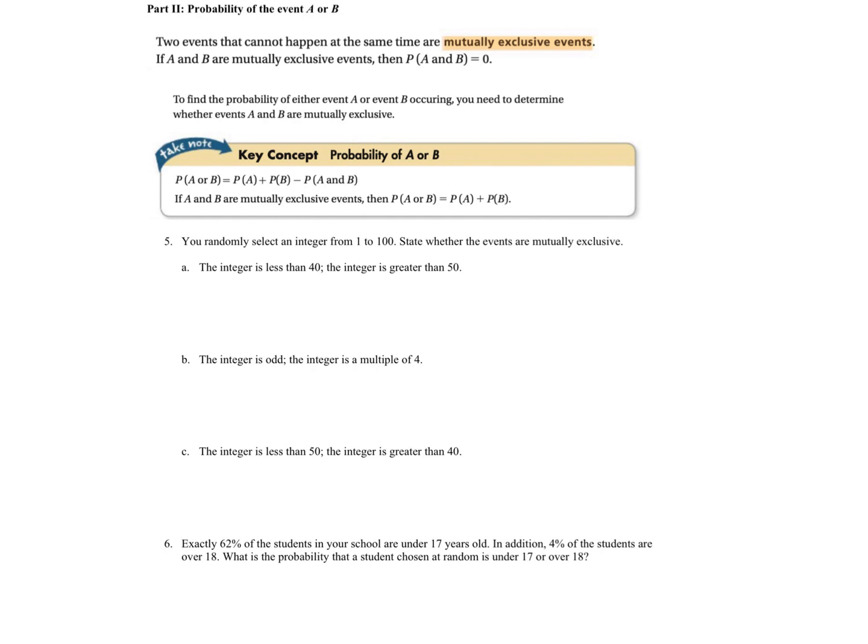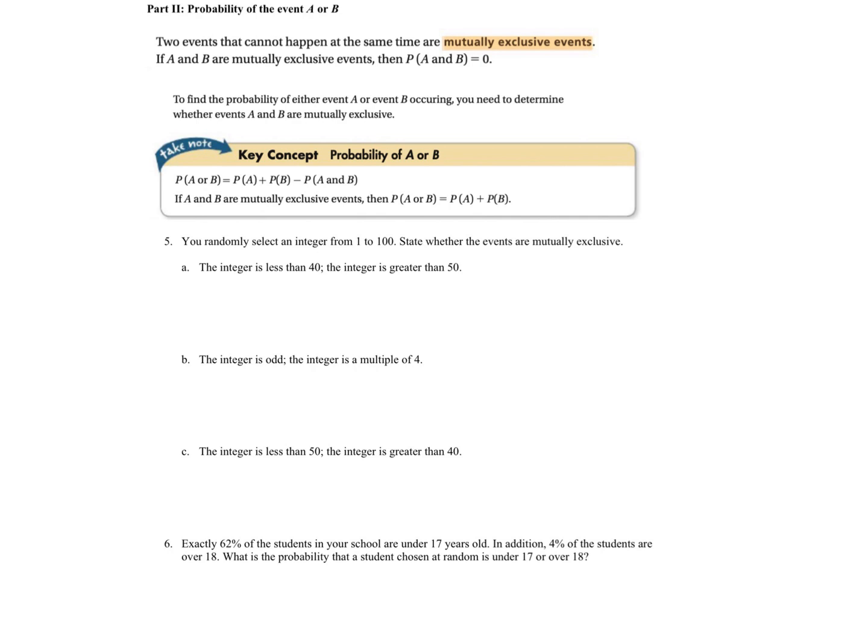So if one happens, the other cannot, and vice versa. To find the probability of event A or event B occurring, you need to determine whether events A and B are mutually exclusive. So let's talk about mutually exclusive events and decide if these events are mutually exclusive or not.